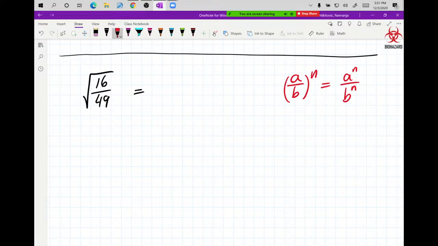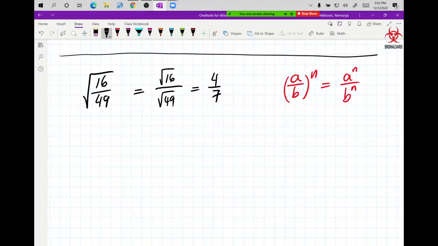So you give the square root to each one of these numbers: square root of 16 divided by square root of 49, and the answer is immediately 4 over 7, because the square root of 16 is 4 and the square root of 49 is 7.